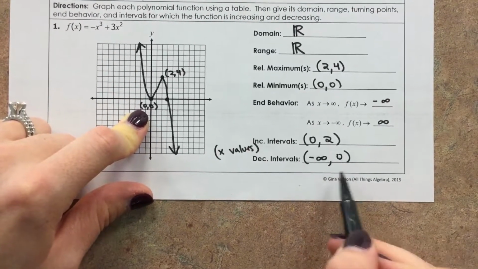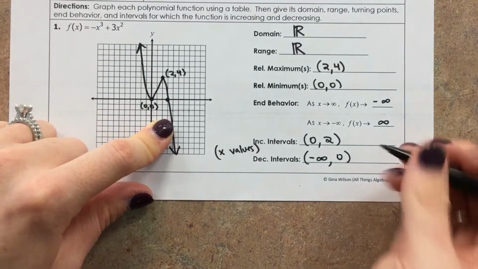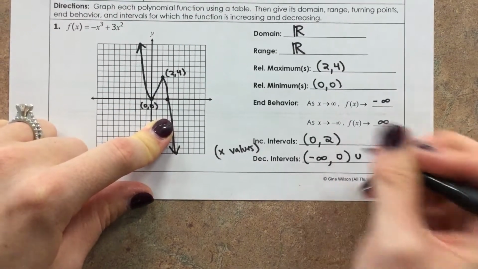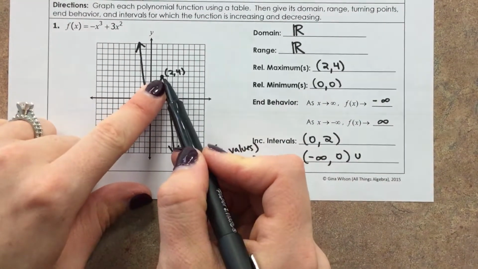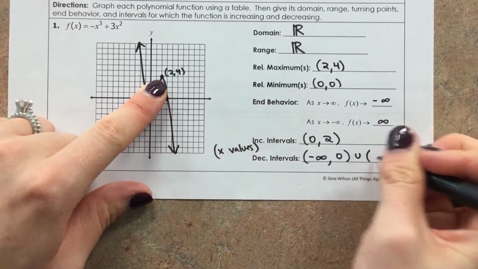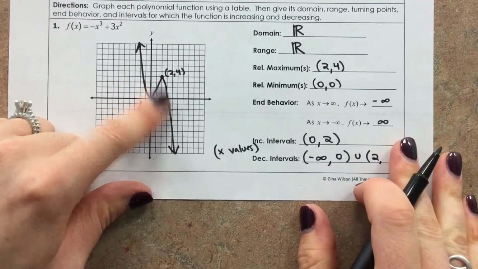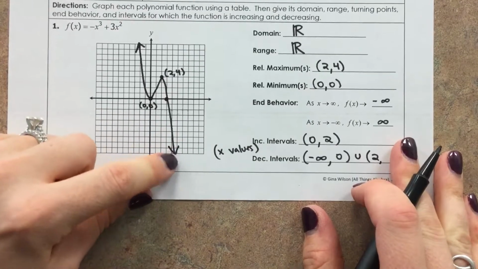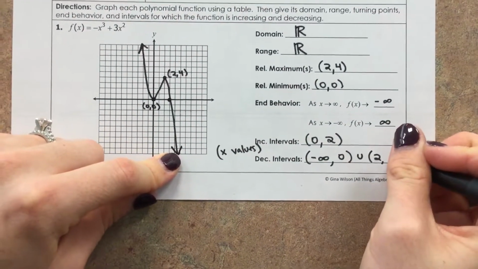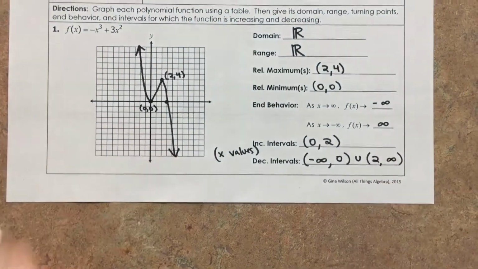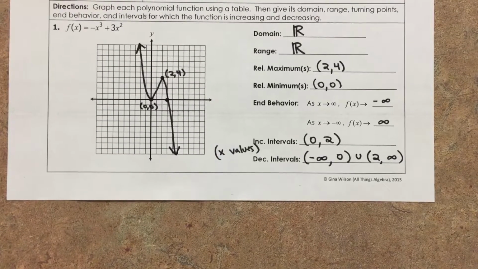Then it switches to increasing, then we come back to decreasing again. So we put this little union symbol. So always going left to right, it starts decreasing here, which is an x value of 2, and then it decreases forever. So when it ends in this right arrow, the right arrow we consider to be positive infinity for x. So those are our increasing and decreasing intervals.